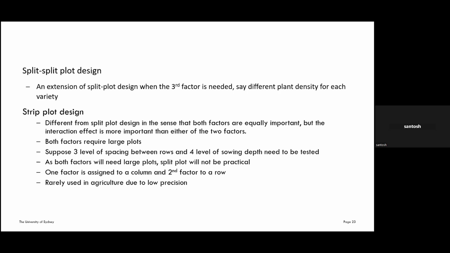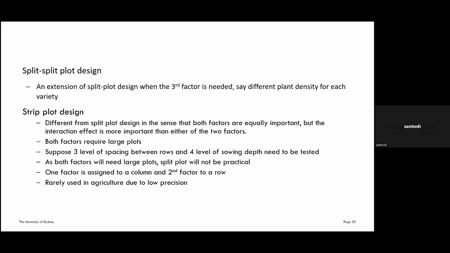In split plot design, we split the main plot into splits. Here we do that in strips. Here the objective is to measure the interaction between those two factors. The interaction is more important than the individual factor. That's why you do this kind of experiment.